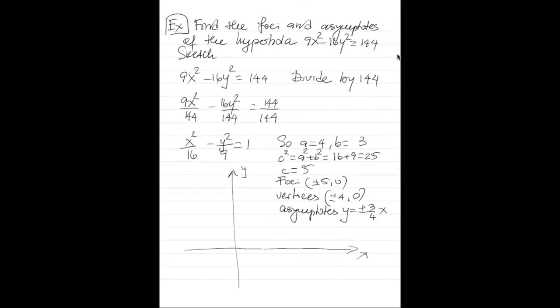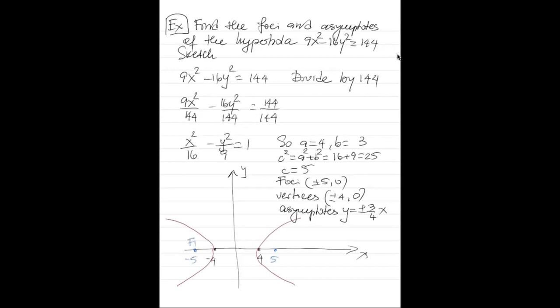We're going to start with sketching the vertices. So 4 and negative 4, the vertices. And the foci, they were at 5 and negative 5.